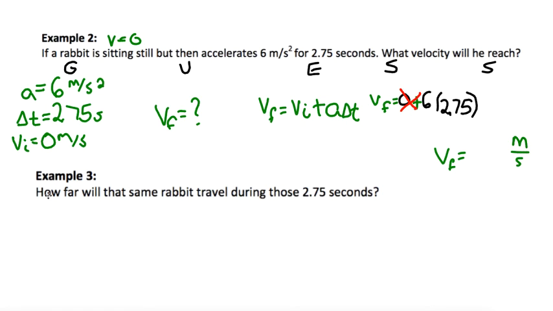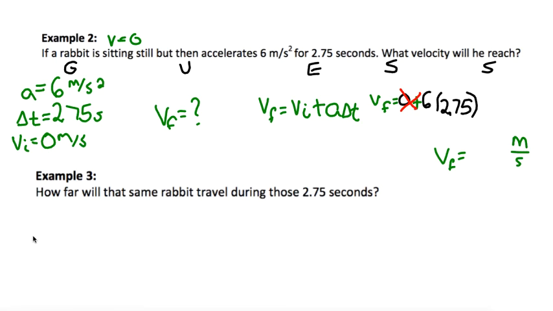Okay, example 3. How far will this same rabbit travel during those 2.75 seconds? So I'm not going to write out the GUESS method for this because it's the same problem. We already have a lot of givens listed. And you should have calculated, we even know the velocity final now. But they want to know how far will that rabbit go. Well, we only have one equation for how far something moves.